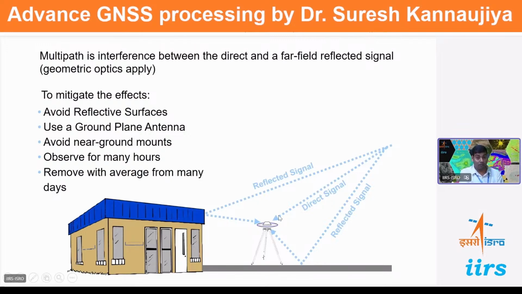It will take care of this reflected wave and, to some extent, eliminate the reflected signal from the building. I already explained the concept of how it eliminates the reflected signal coming from the building. Then it will mostly track the direct signal coming from this range, and you can process the data and generate good positioning of this location.